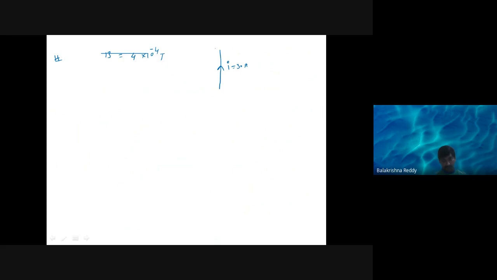Parallel to the current wire means whatever the magnetic field is placed, that is parallel to the current wire, obviously like this. So the magnetic field direction is like this.